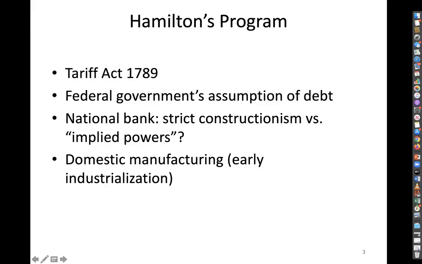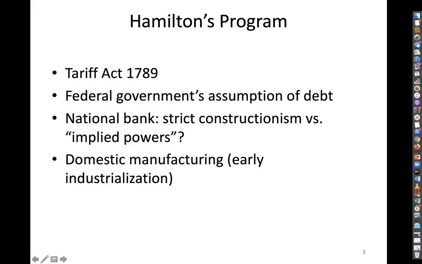The very last power, if you recall, was something we call the Elastic Clause. This has other names like the Necessary and Proper Clause. And moreover, it's also called the Implied Powers Doctrine, right?